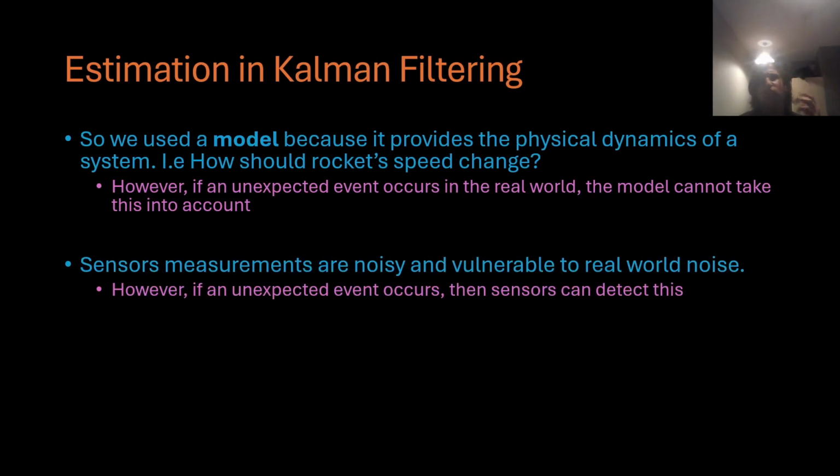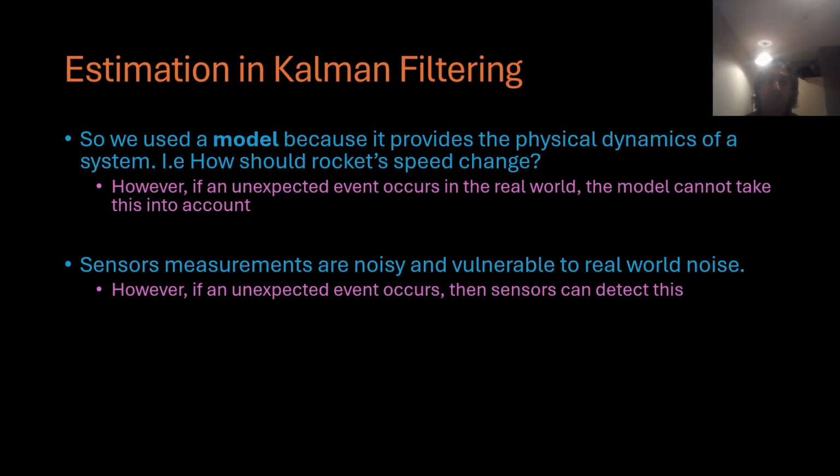Now, sensor measurements are noisy and vulnerable to real-world noise. However, if an unexpected event occurs, the sensors can detect this. For example, if you have a rocket going up and the engine fails, your model cannot take into account the engine failure; it's just too complex or not possible. But the sensors can measure lots of things, even though they're very noisy and half the time they don't output a very nice result to begin with.